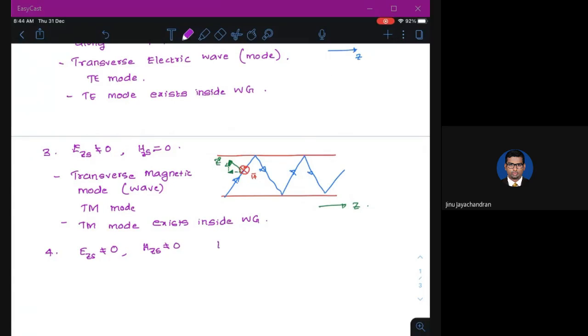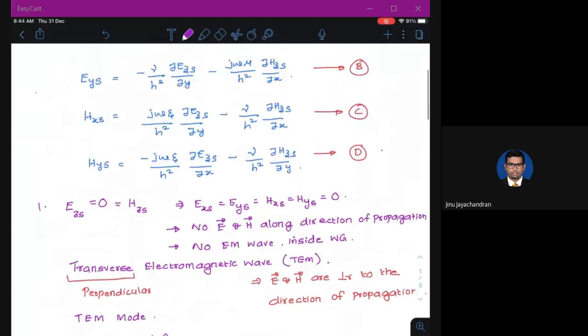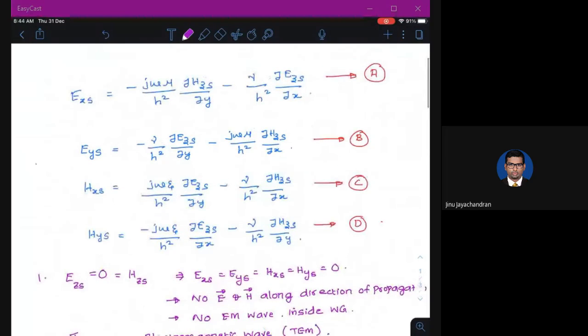This is called a hybrid mode, or HE mode. We will not look too much into this hybrid mode, but we will be looking in depth at transverse magnetic and transverse electric modes.